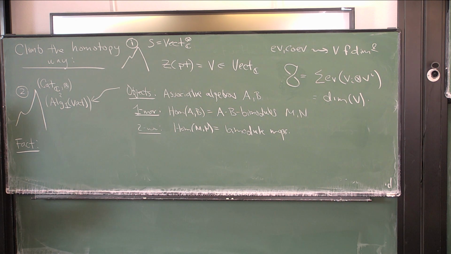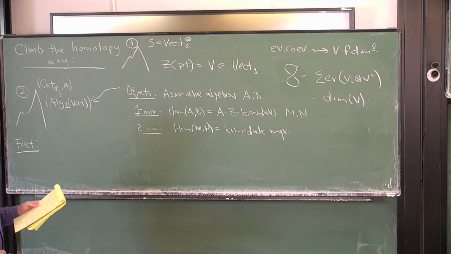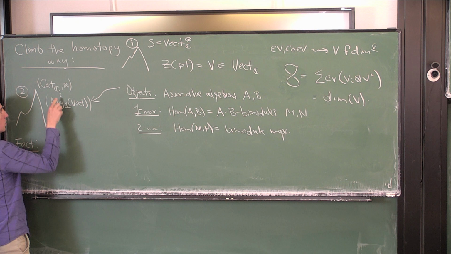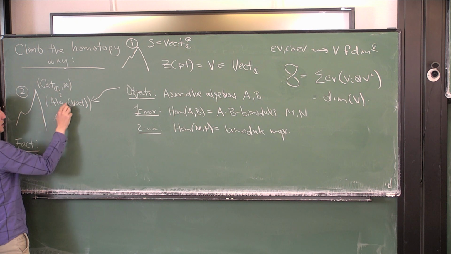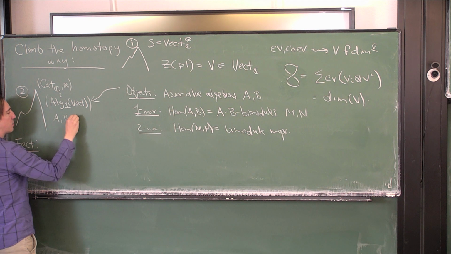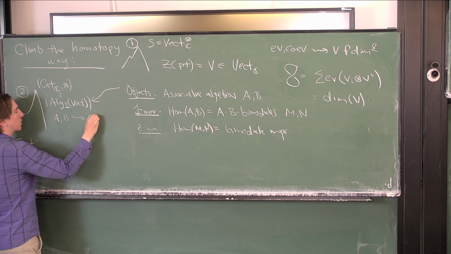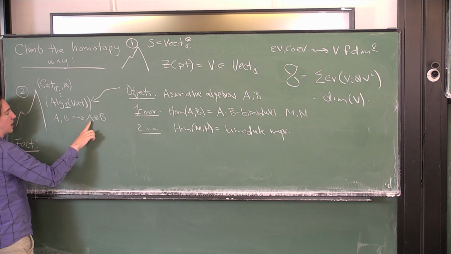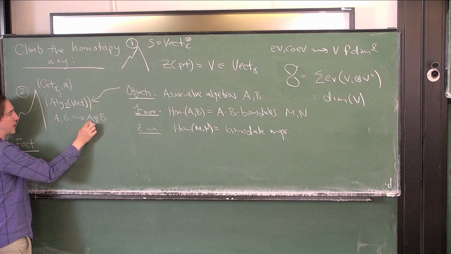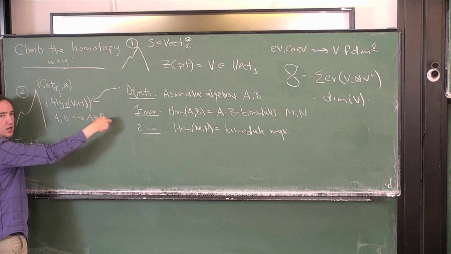The symmetric monoidal structure here is still tensor product? Yes, good. Thank you for asking. If I have associative algebras A and B, I take the tensor product over the ground field, and then I make that an algebra where A does its own thing and B does its own thing.